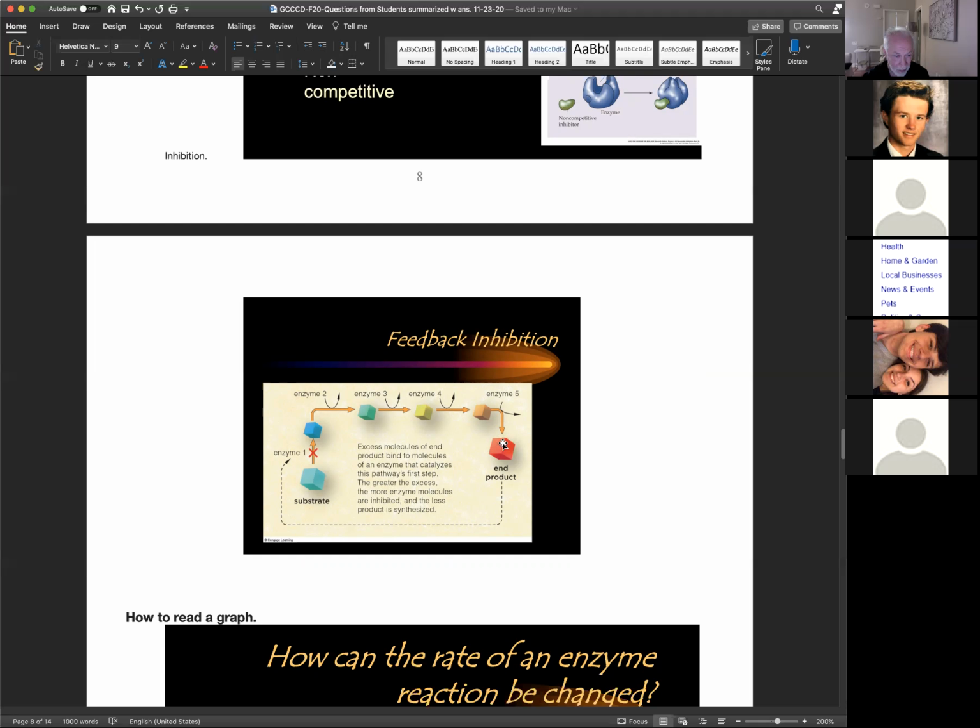It will get to be very high, and some of this end product will go over here, and it has an attachment site in enzyme number 1, the first step in the pathway. So if the end product binds to enzyme number 1, that reaction doesn't occur.